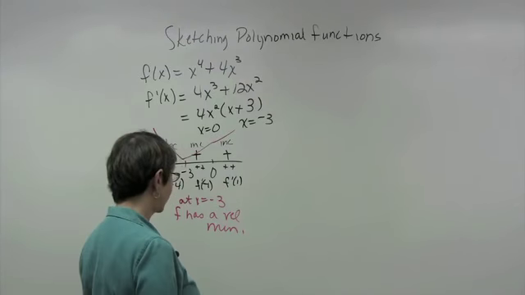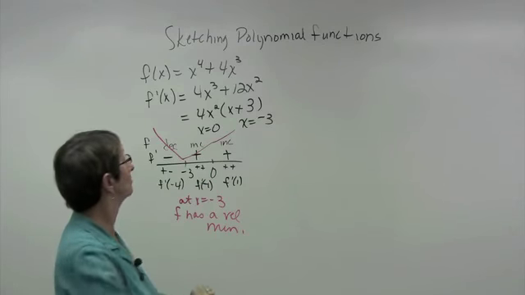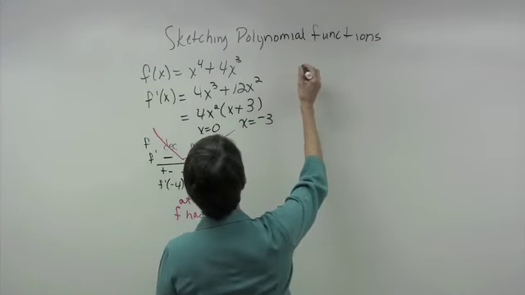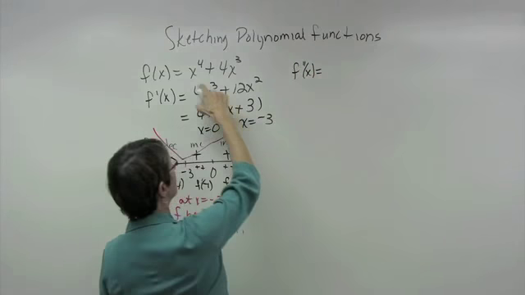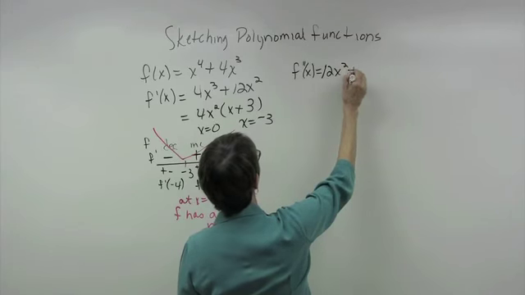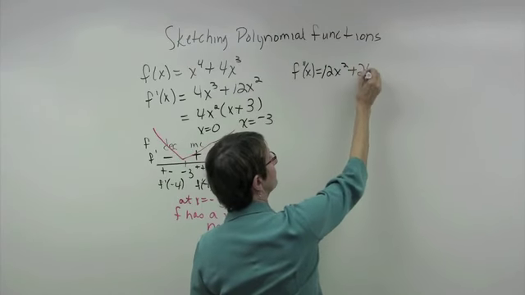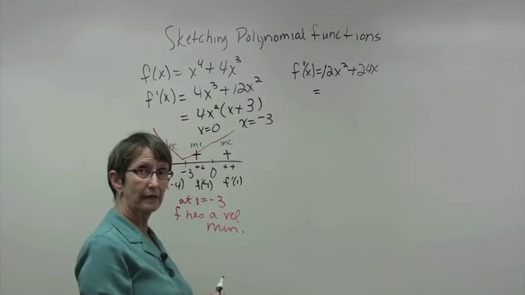So now we'll go to the second derivative and see if that gives us some information about what might happen at 0. So let's look at f double prime of x. 3 fours are 12x squared plus 2 12s are 24x. Again, I need to factor, set it equal to 0.